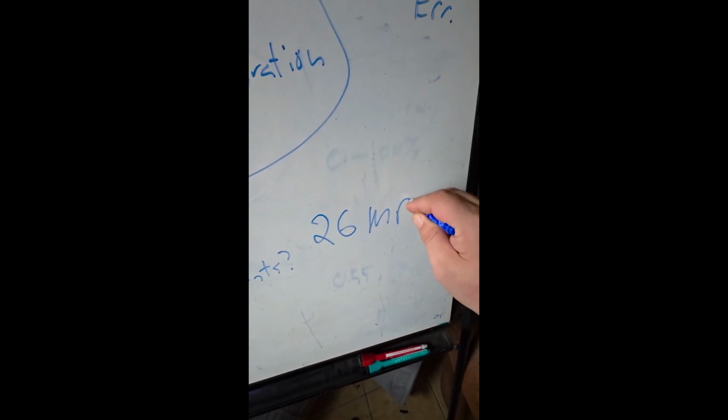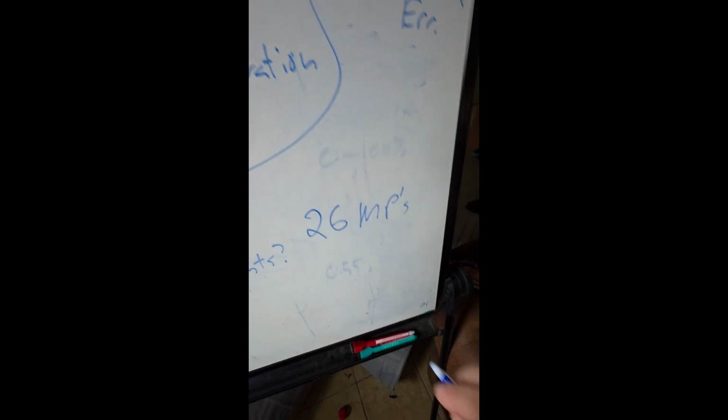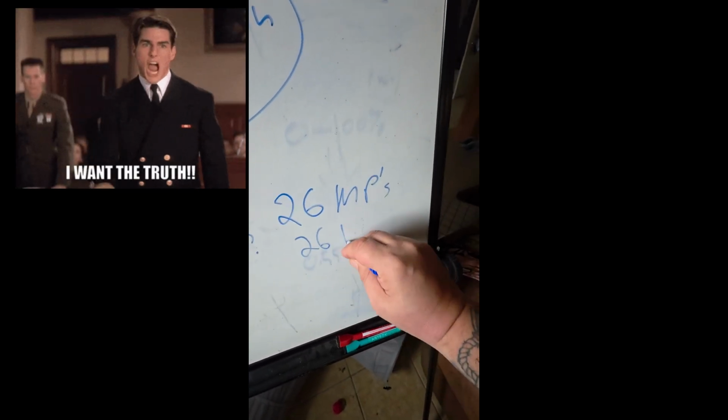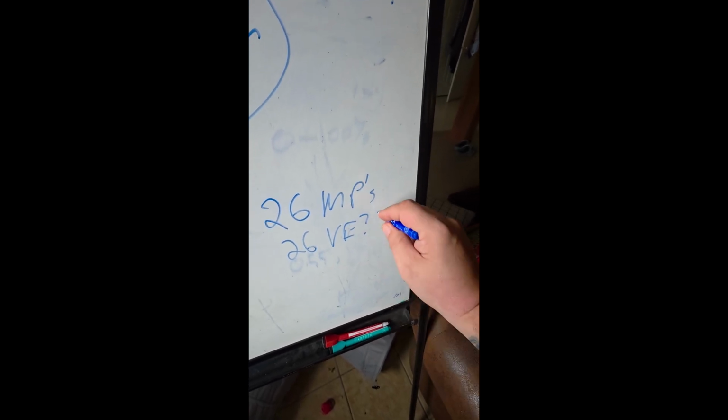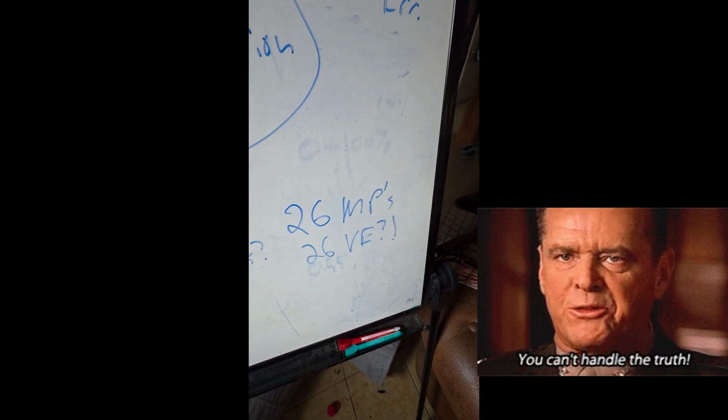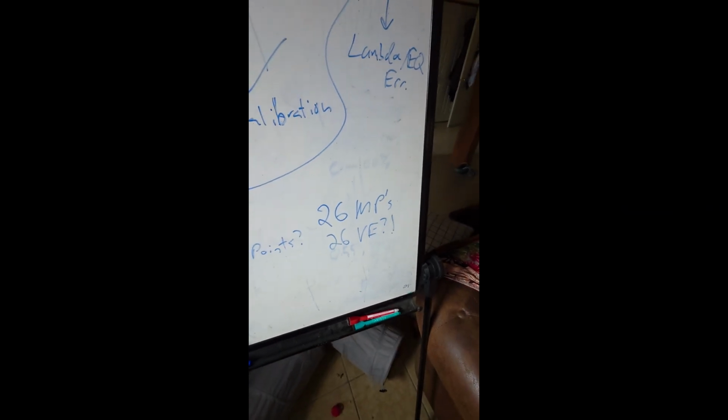And so if I have 26 mapped points, is it true that I then have 26 VE tables? Bet your ass it's true. In fact, it's 25.